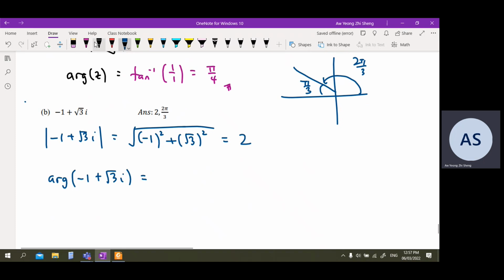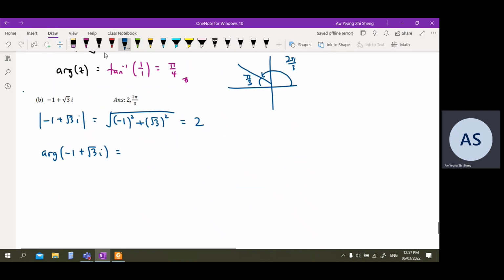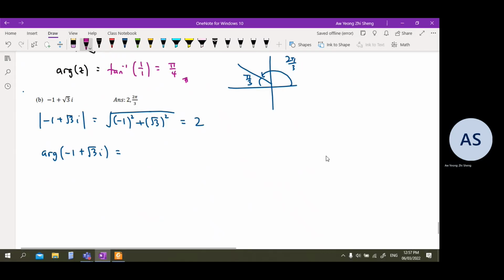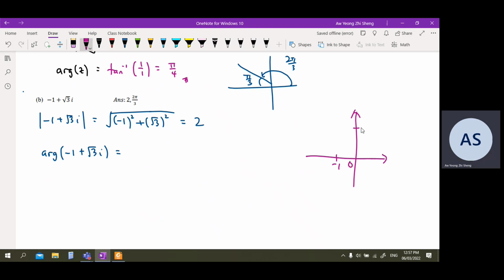First, we have to visualize the Argand diagram. We have to first figure out which quadrant the point lies in. You have minus 1 and root 3. Minus 1 is on the left, root 3 is above.